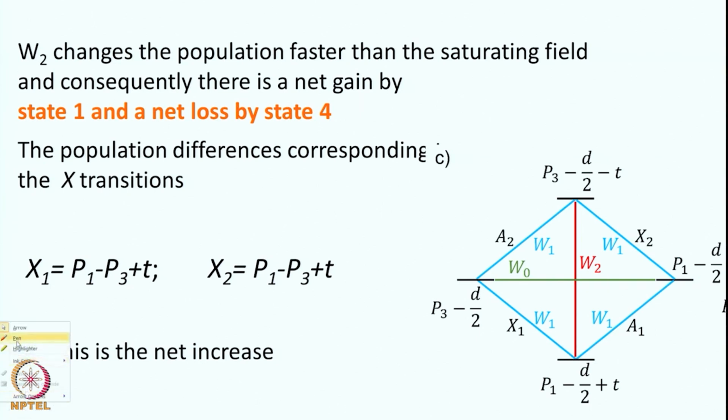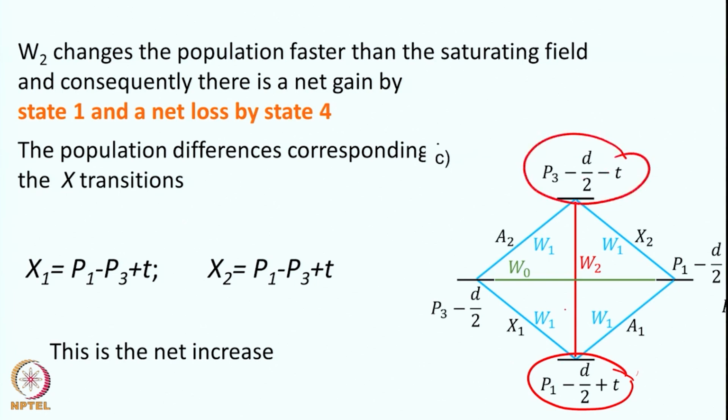If you look here, previously this is minus plus T and this is minus T. So that is the net gain we are talking about because of the fast-relaxing double quantum transition, which changes the population. Okay, so that is what the transition changes.